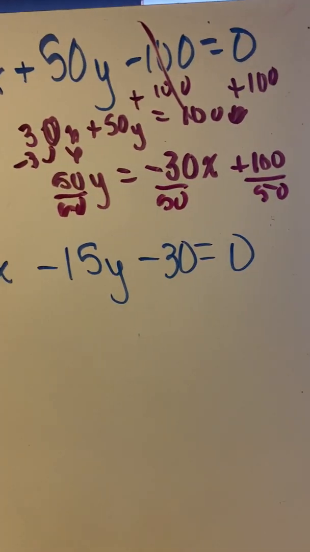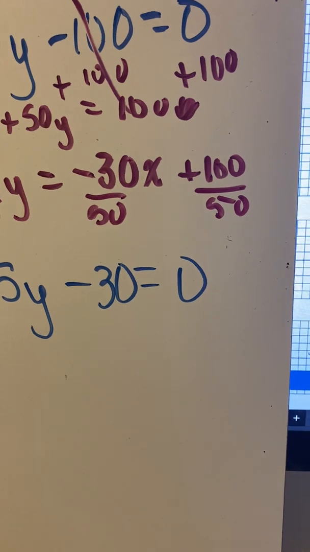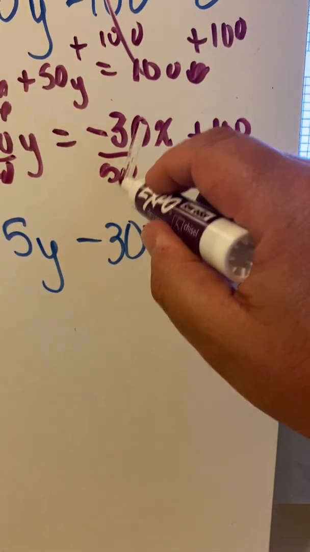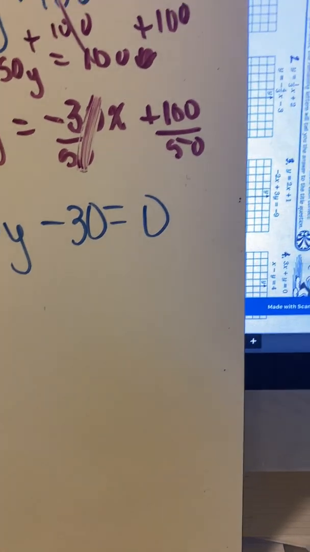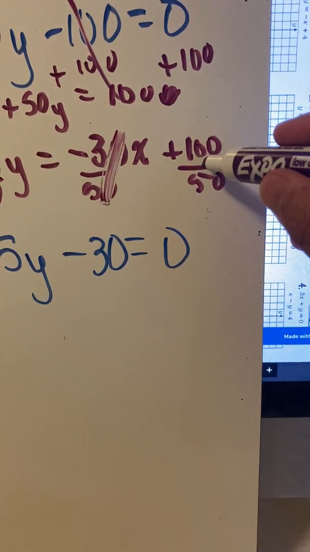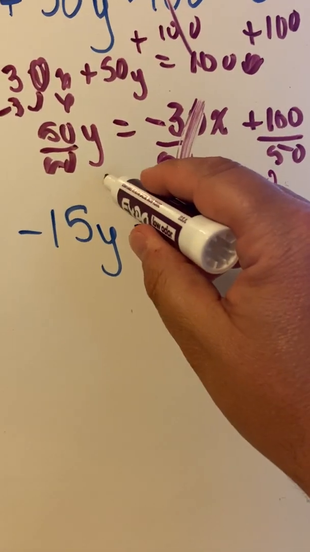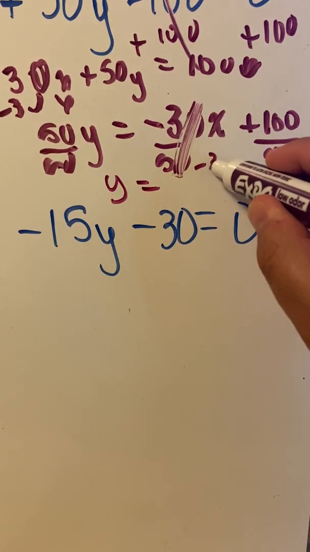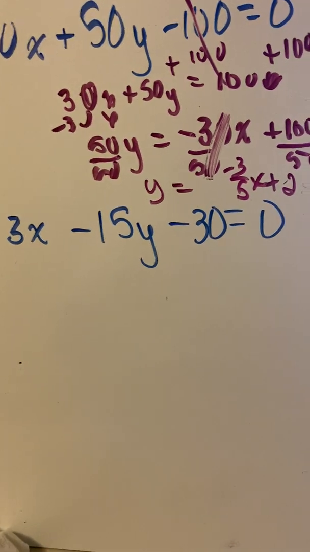And some of you are going to go, oh gosh, wait a sec, 30 is not divisible by 50. Guess what? It's the negative 3/5. The zeros cancel each other out. Now this one's nice. 100 divided by 50 is just 2. So the equation up here is y is equal to negative 3/5 x plus 2.